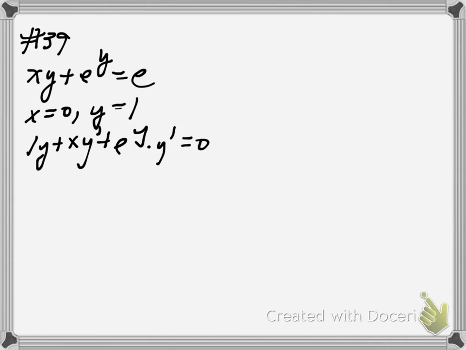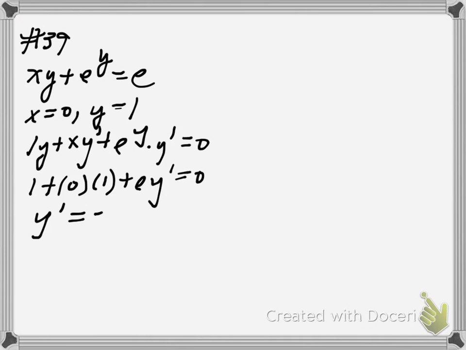Okay? Now, let's go ahead and solve for y prime. Everywhere you see an x, substitute in a 0. And everywhere you see a y, substitute in 1, because we know that y is equal to 1. So if we do all of that substitution and solve for y prime, the first term will be 1, the second term will be 0, and the third term is going to be e times y prime.